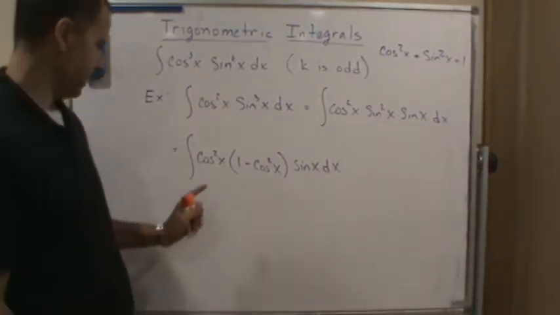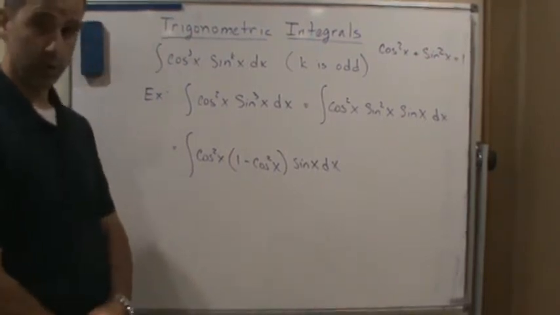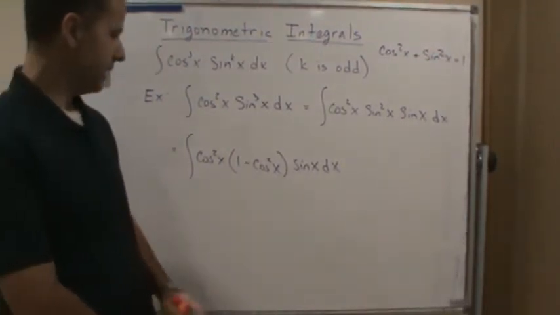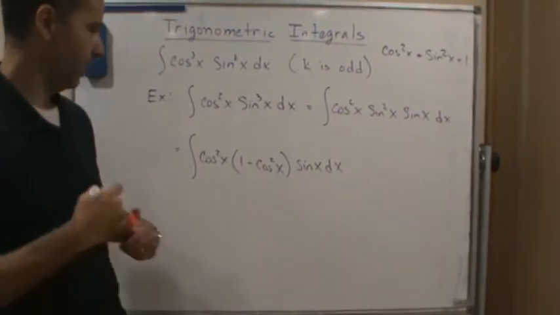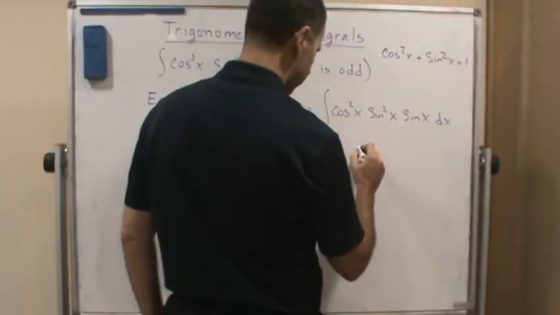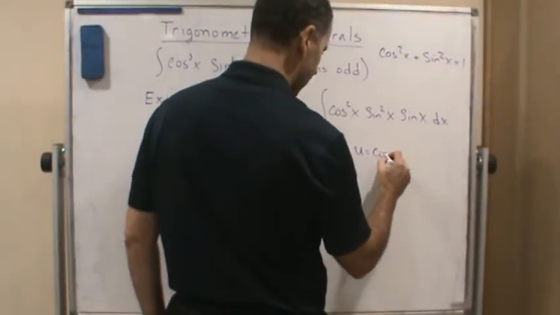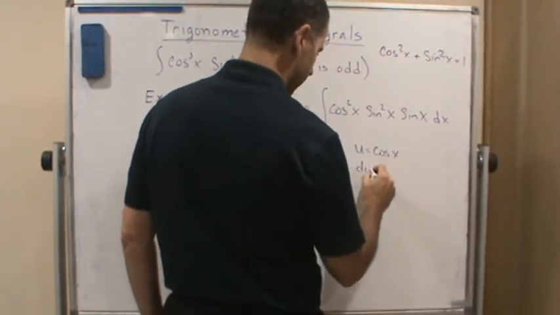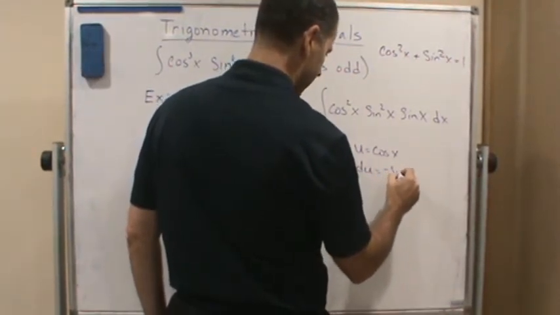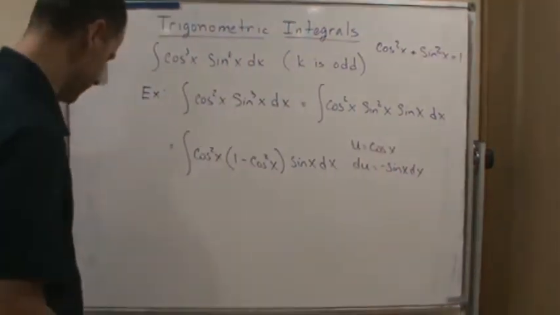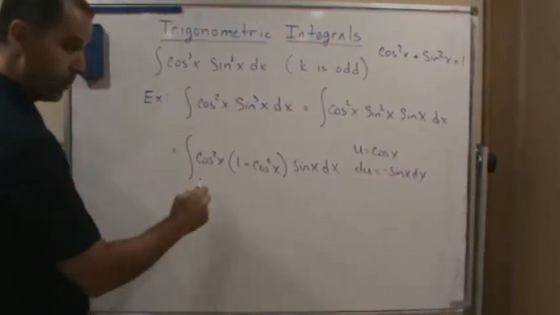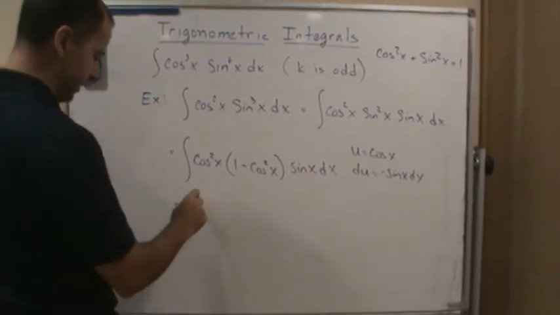And now you see why I did that. Because now I can make u cosine x, du will be negative sine x, and I can do my substitution. So u equals cosine x, du of course equals negative sine x dx. Now I can do my u substitution, and this becomes very straightforward and easy.